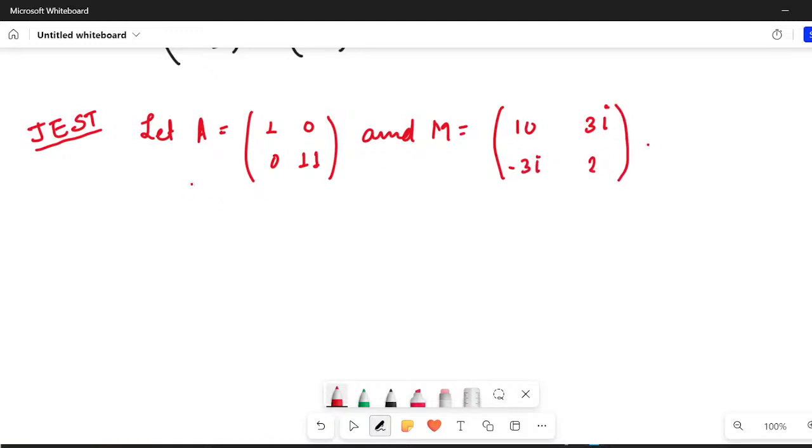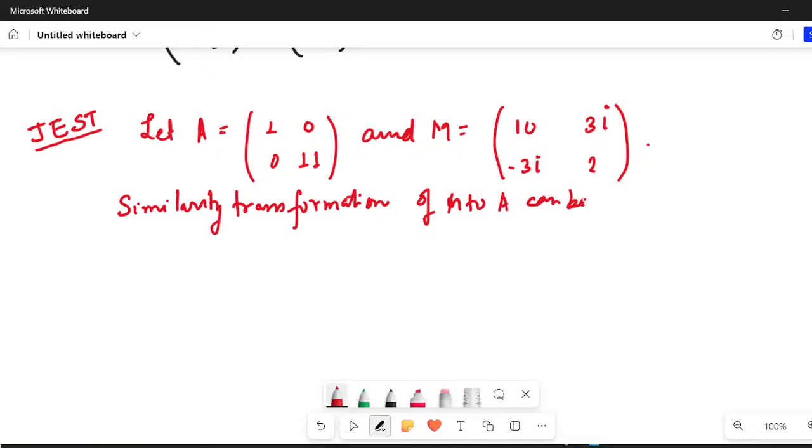The similarity transformation of M to A can be performed by which of the following matrices. So there were 4 options given to us.